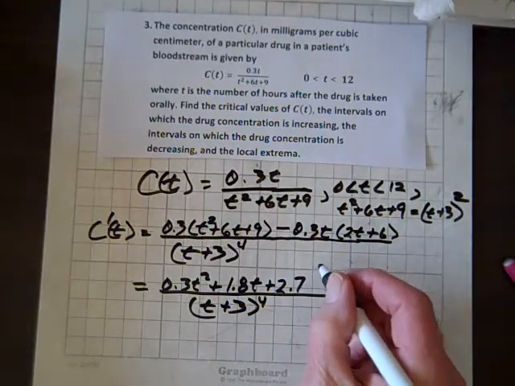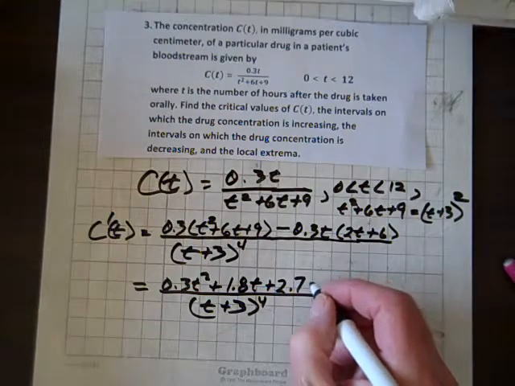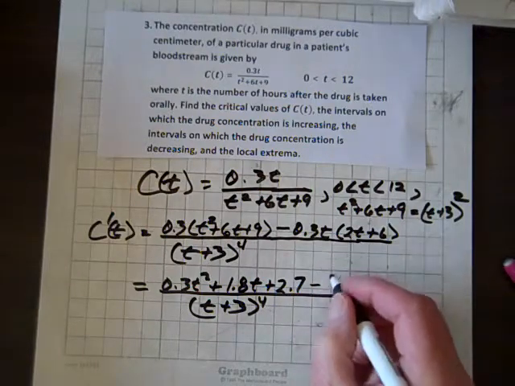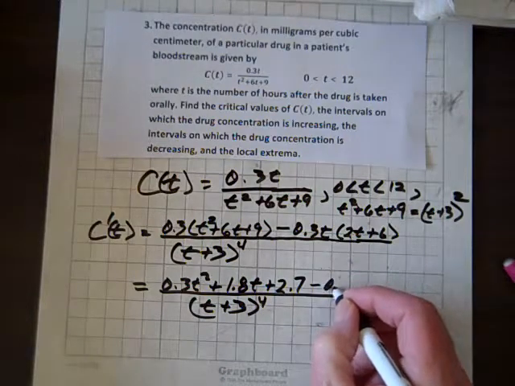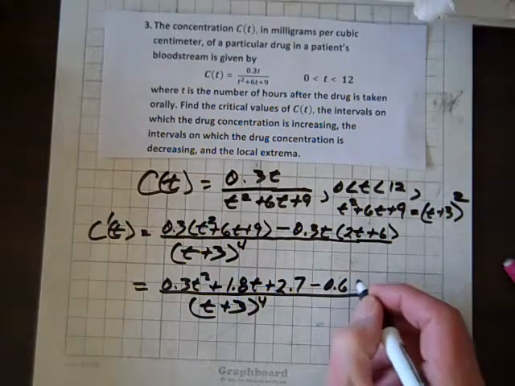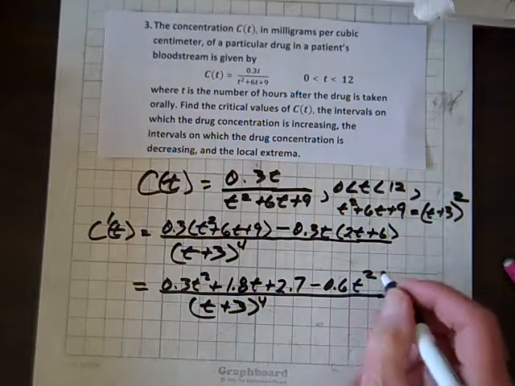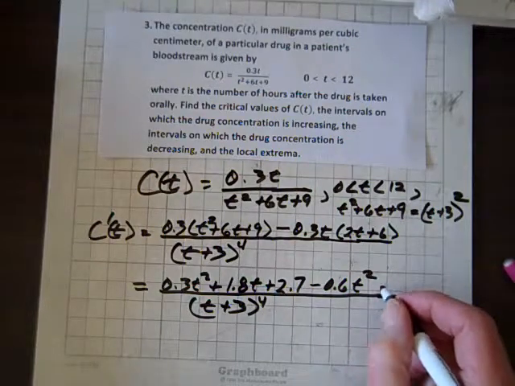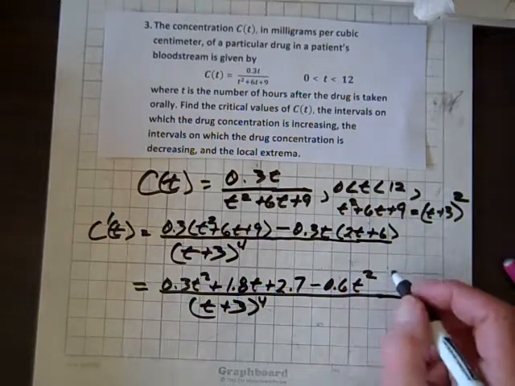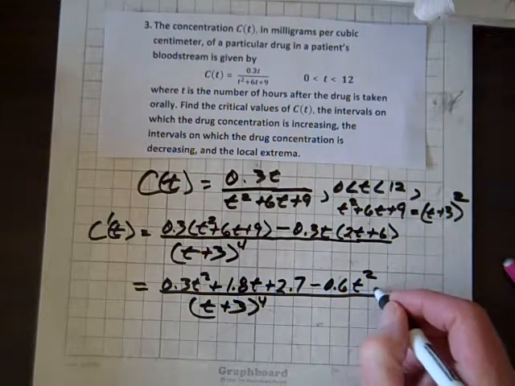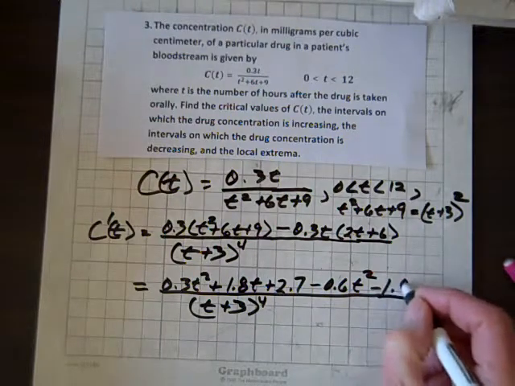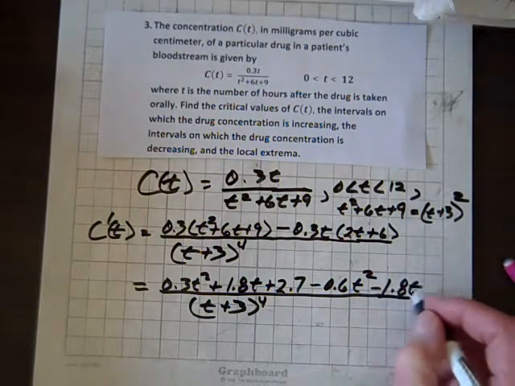Multiplying through by negative 0.3t, we get negative, and that's going to be negative 3 times 2 is negative 0.6t squared, and 0.3t times 6 is a negative 1.8t.